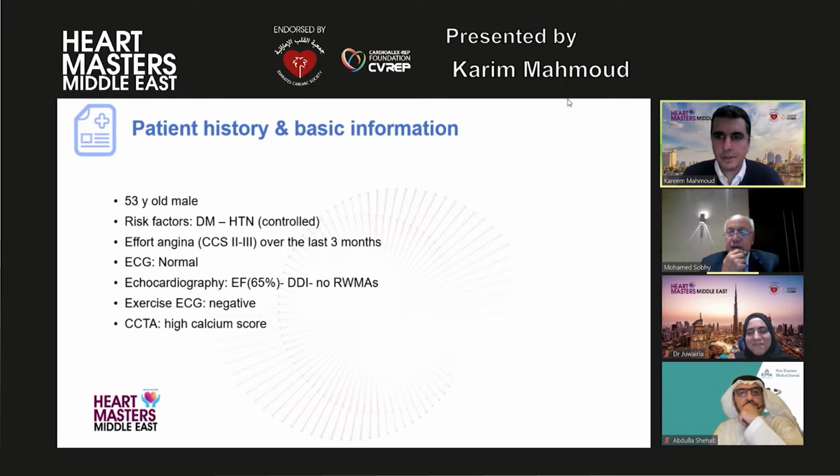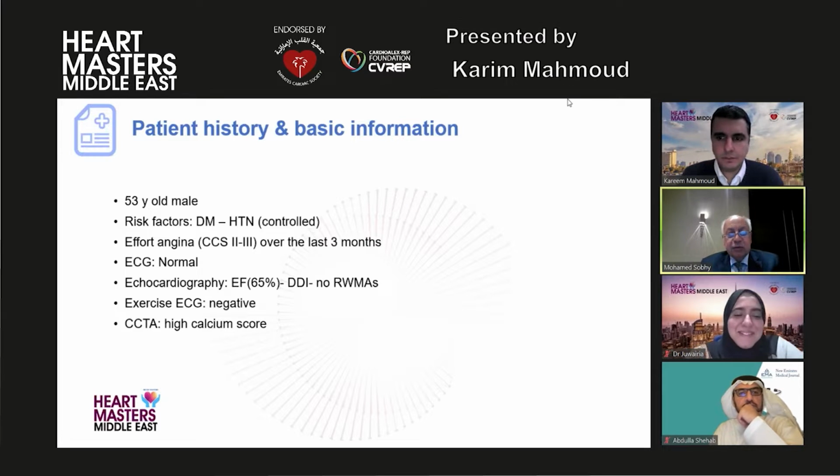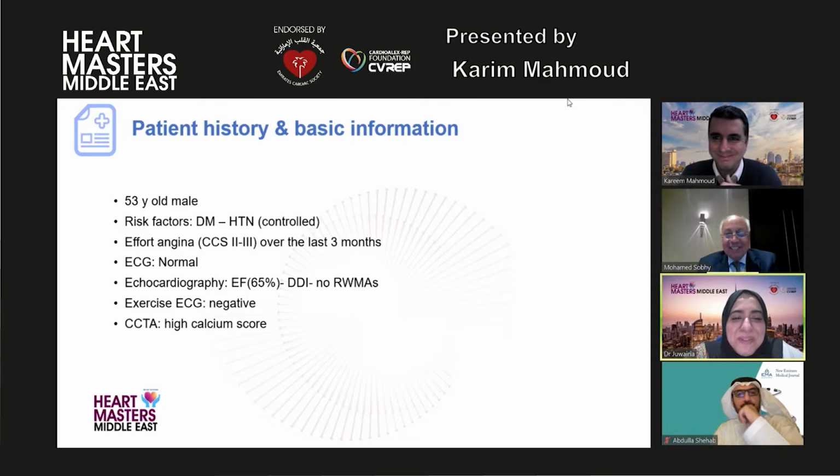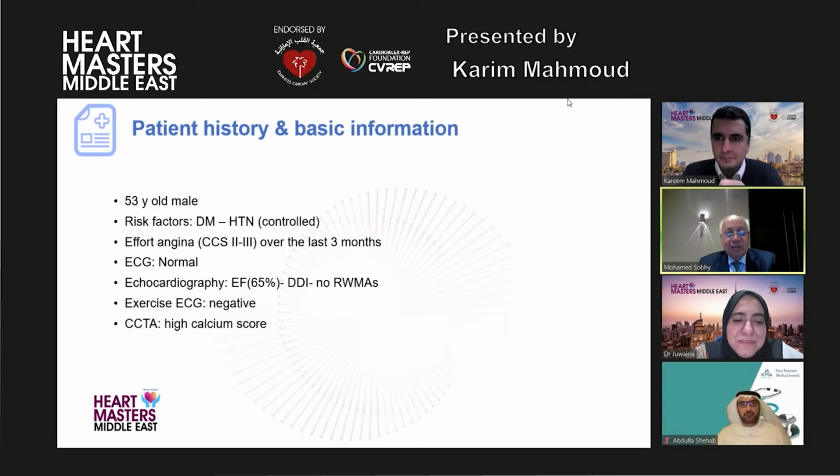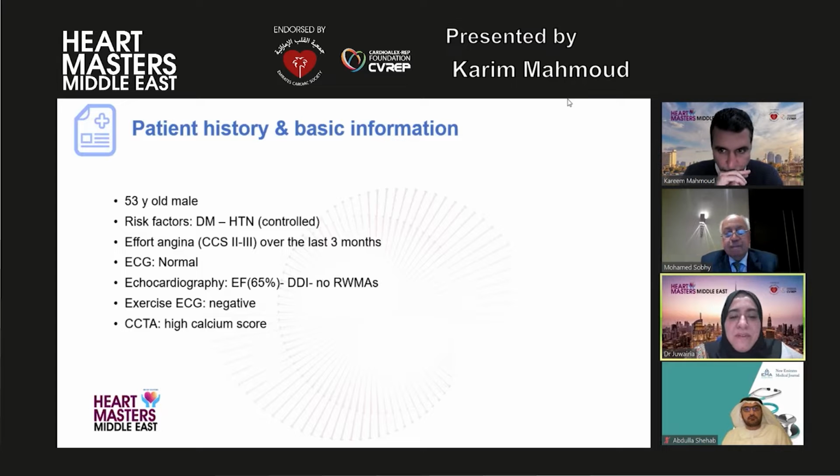Sure. Julie, this is the patient of Karim coming to you. What are you going to do? You have a high calcium score, negative exercise test, and angina. What to do now for the patient? Of course, the guidelines tell you if you have a high calcium score, you should do a coronary angiogram.